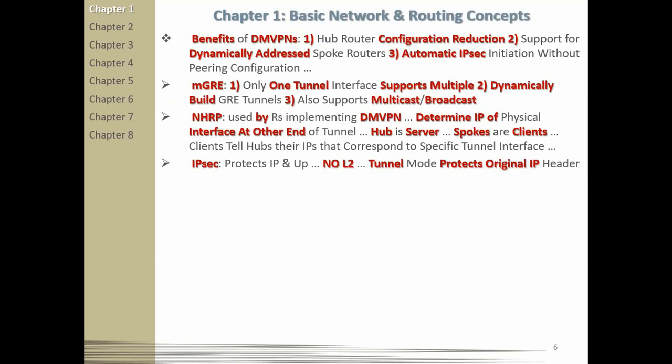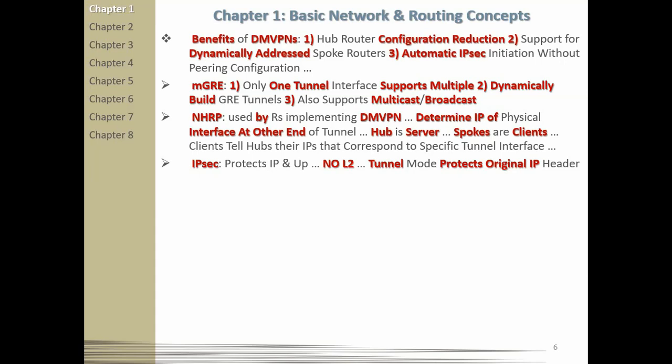Here, I would like to summarize discussions we have had. We've talked about the benefits of DMVPNs, how it reduces the configuration required on the hub router, how it provides the support for dynamically addressed spoke routers, and the way that it helps with automatically initiating IPsec with peers without needing them to have a certain configuration, unlike the traditional IPsec tunnels.